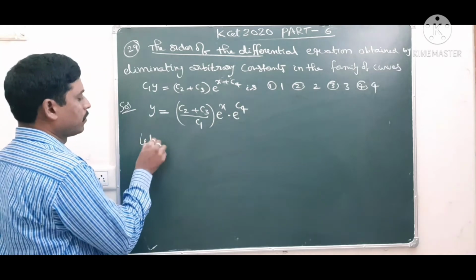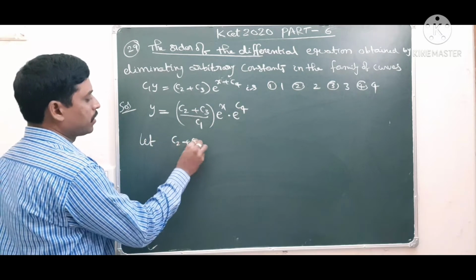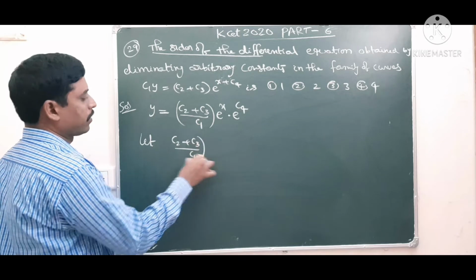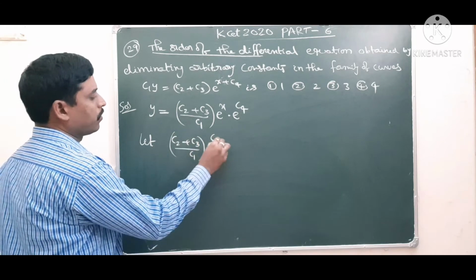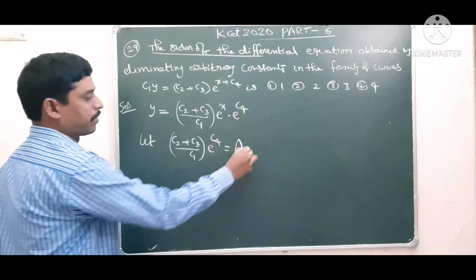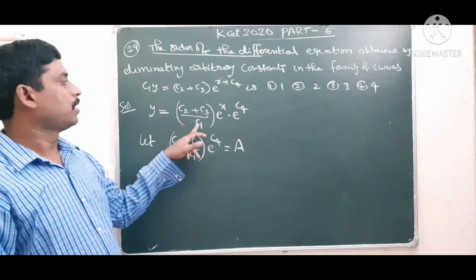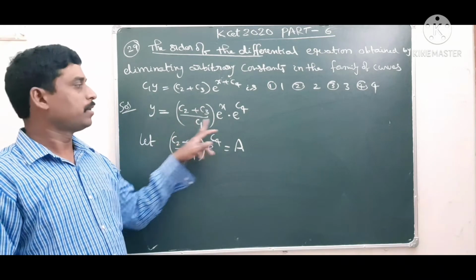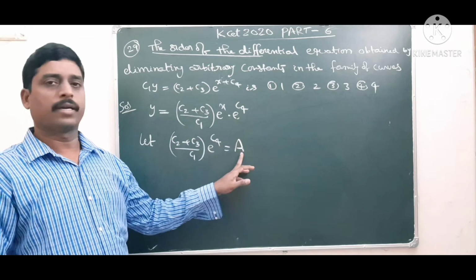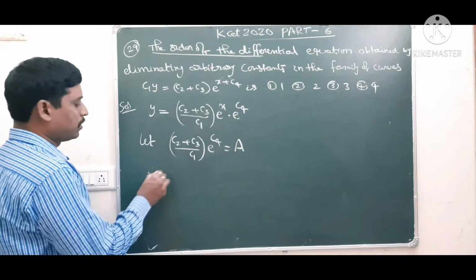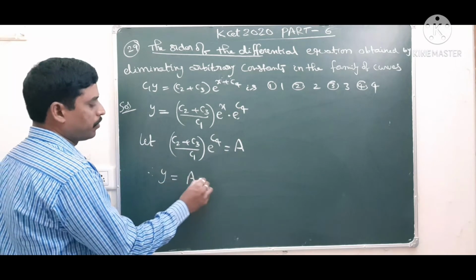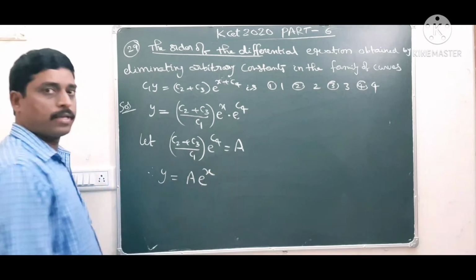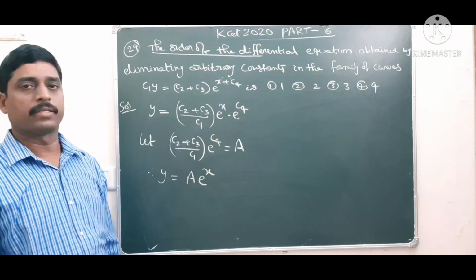So let us take C2 plus C3 by C1 into e to the power C4 is equal to constant, let us take capital A. So y is equal to A e to the power x. Therefore y is equal to A e to the power x.